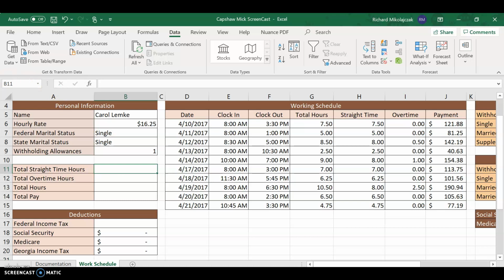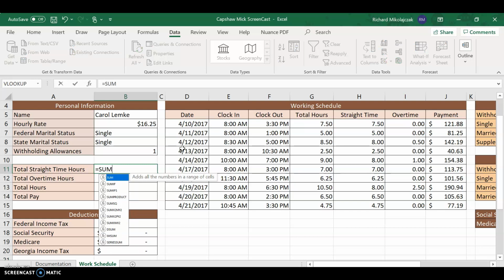All right, so next we're going to do B11. In cell B11, that's line 10. They want us to sum that all up, so we'll do it for all of these here.